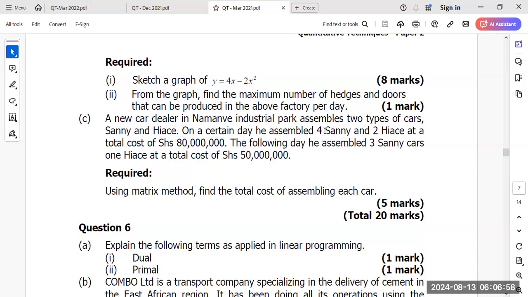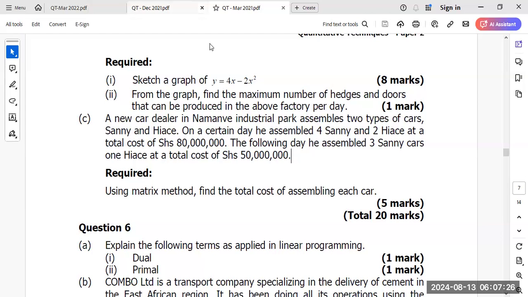If you assemble 4 Sunny and 2 Ice, you're going to incur the total cost of this. That is the first day. Then the following day, he assembled 3 Sunny cars, then 1 Ice at a cost of this. So it's a matter of interpreting your case study.